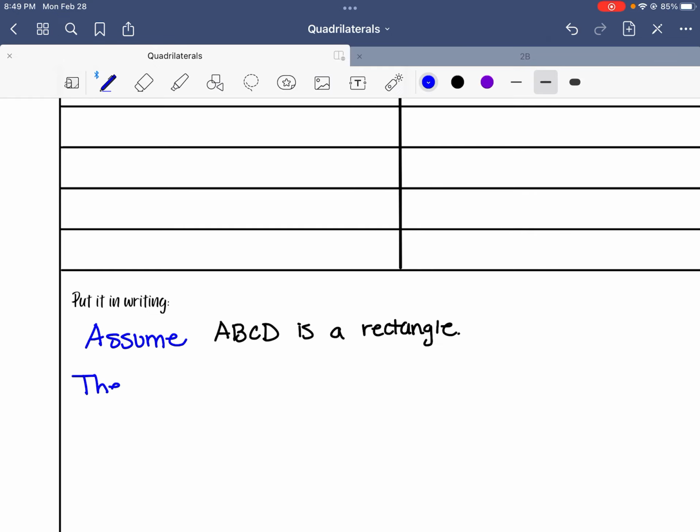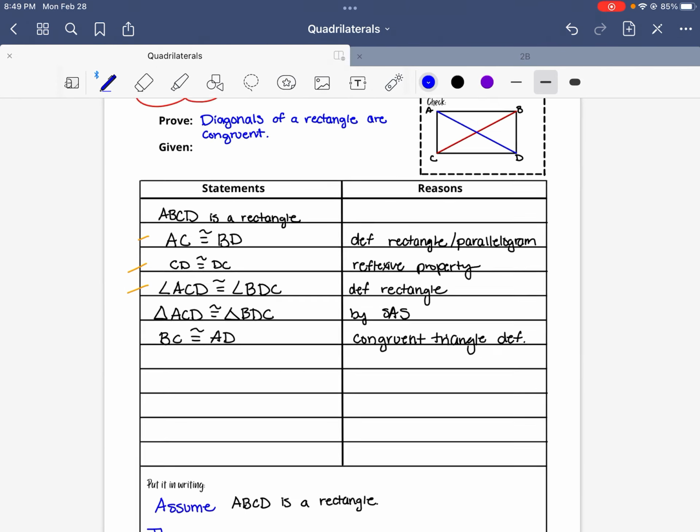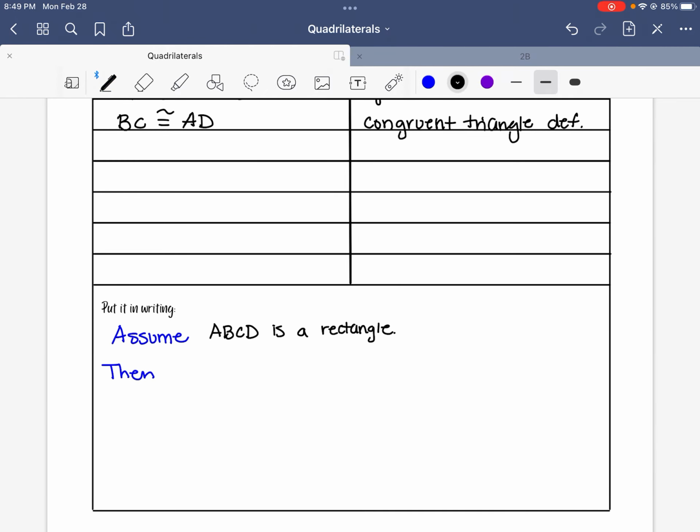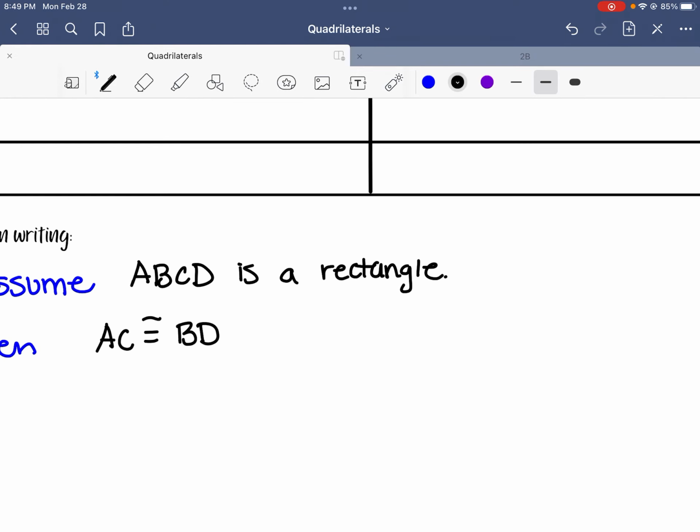Then, let's see, what was my first one? We have that AC is congruent to BD. And why is it congruent? Because it is part of the definition, by the definition of a rectangle.